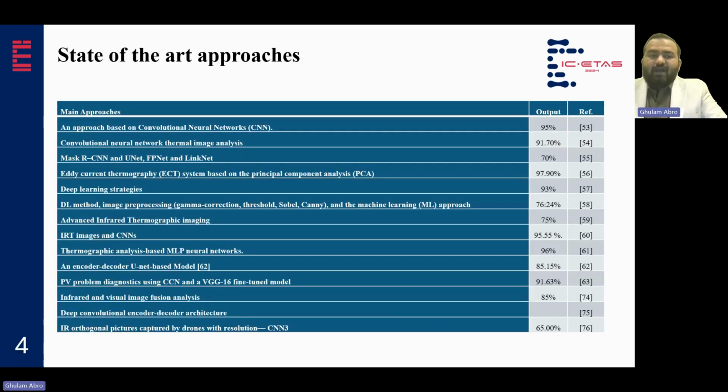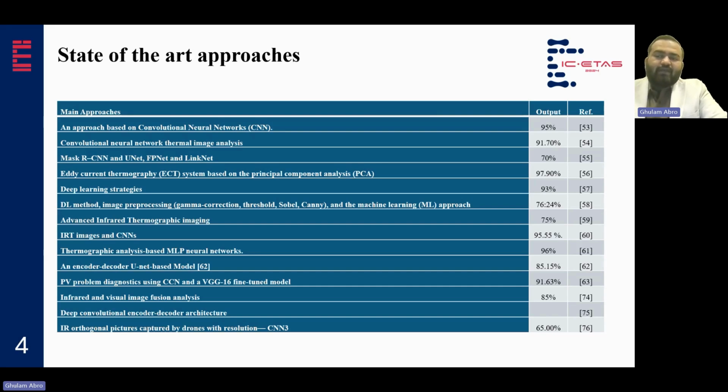Ladies and gentlemen, these are the state-of-the-art approaches that have been deployed on PV modules in order to identify what sort of defects they have. You can see that several papers produce several efficiency outputs. Our aim was to come up with a hybridized technique that utilizes the data properly and computes the output in a very efficient way.